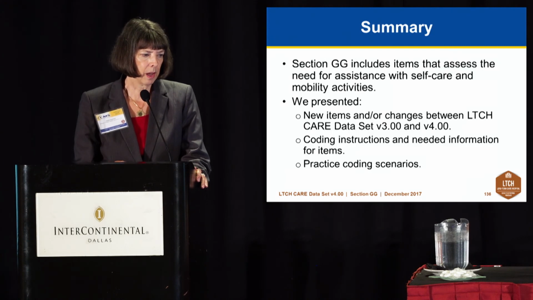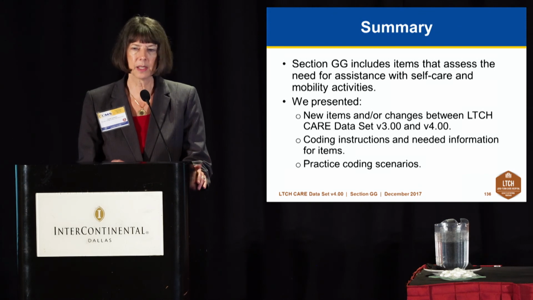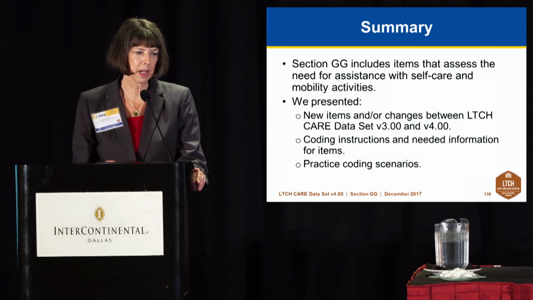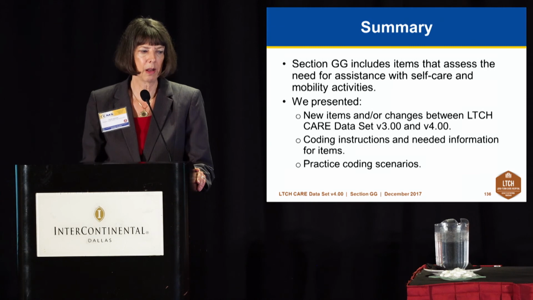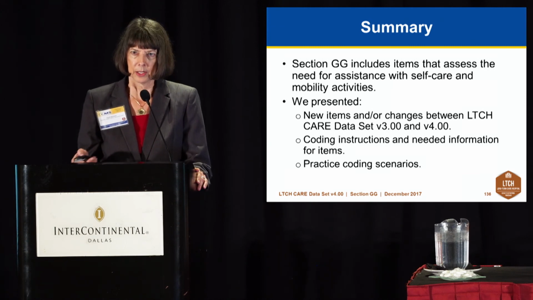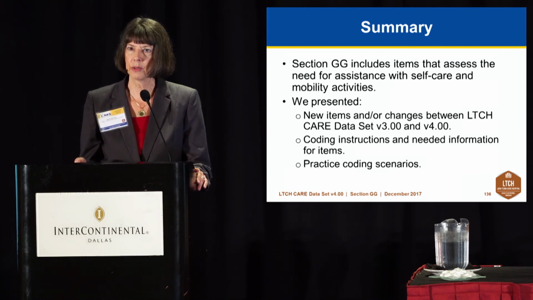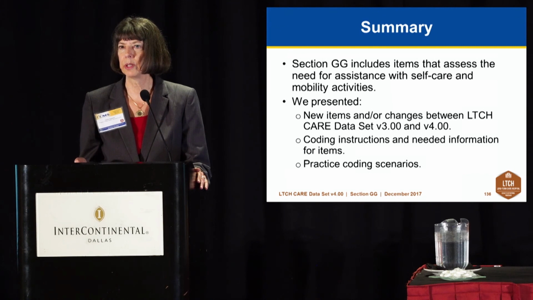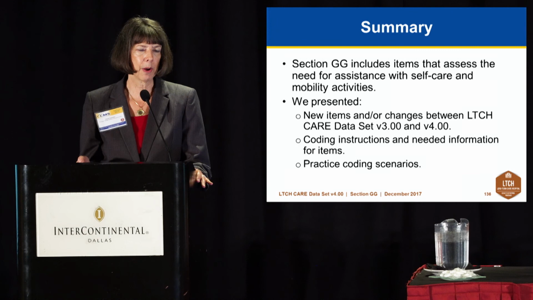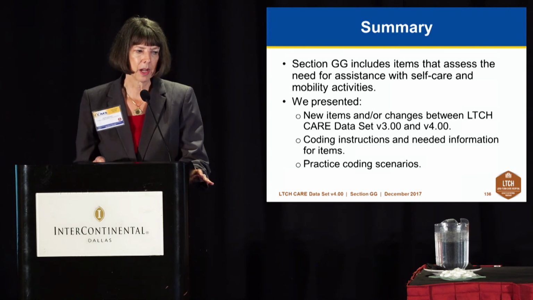So in summary, we want to say that Section GG includes items that assess the need for assistance and self-care and mobility, and we've presented to you all of the different changes that we've made, which really shouldn't change the coding for version 3.0 through version 4.00. It's more clarifying language that we went through, and the coding instructions that we've talked about.